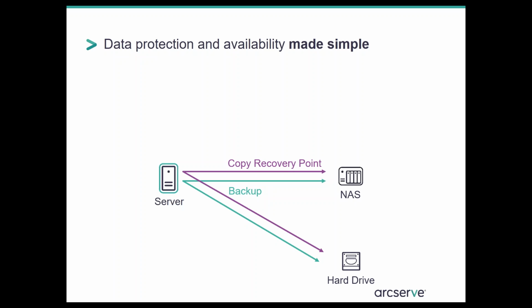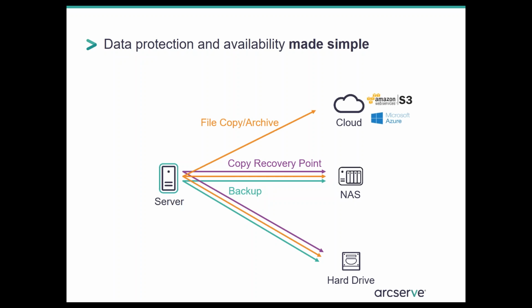We can also do a copy of the recovery points to these destinations as well. If we want to be able to leverage clouds such as Amazon S3 or Microsoft Azure, we can do that. And we can use file copy or file archive to send individual files within folders that we nominate to the cloud or to a file share or to a hard drive.